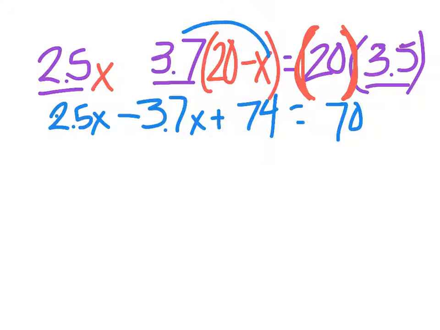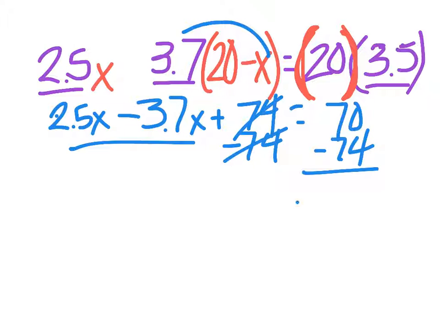It'll be fine. I know that I'm going to combine these, but I need to move this 74 also. Minus 74. Cancels. This over here is going to be a negative 4. And then if I do 2.5 minus 3.7x, I get negative 1.2x.